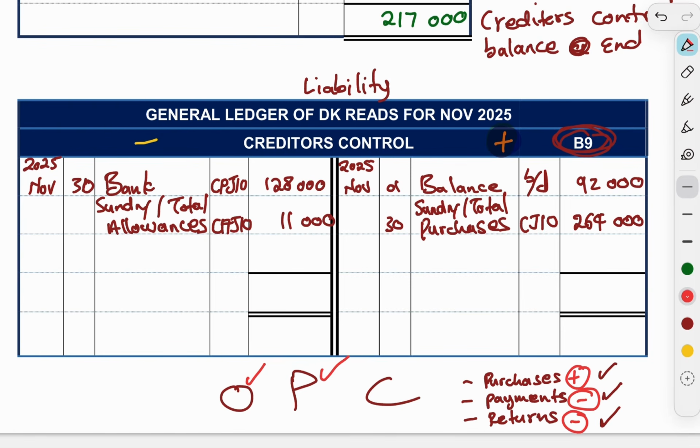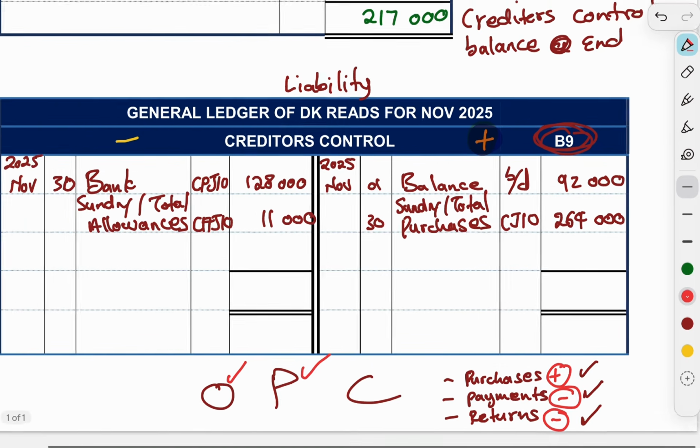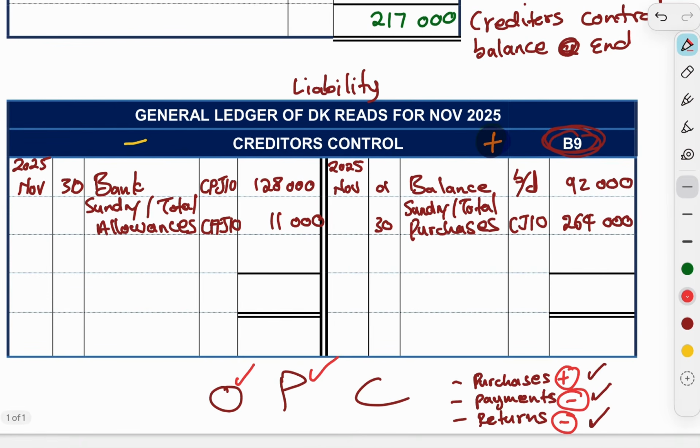So on the credit side, we have 356,000. And then on the debit side, we have a total of 139,000.